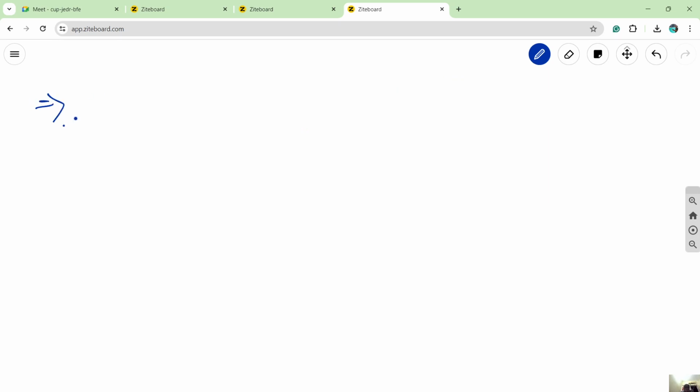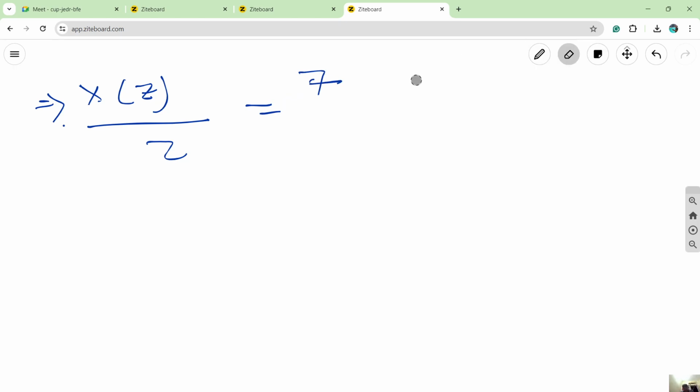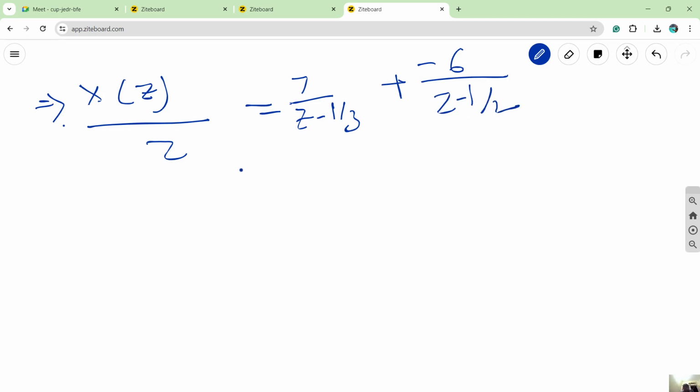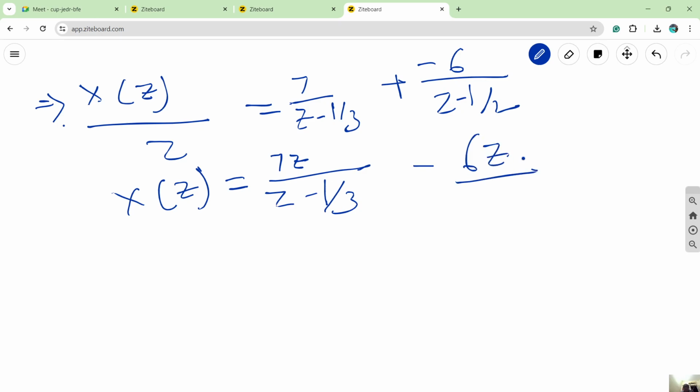From this, X of z by z you can write as 7 by z minus 1 by 3 plus minus 6 by z minus half, which is equal to 7z, X of z now is equal to 7z by z minus 1 by 3 minus 6z by z minus 1 by 2.